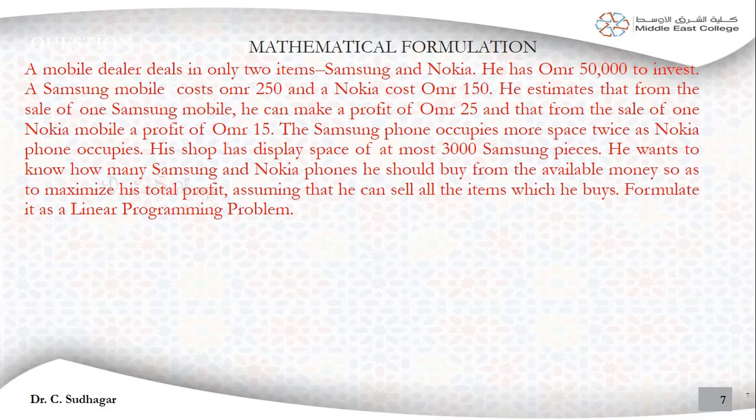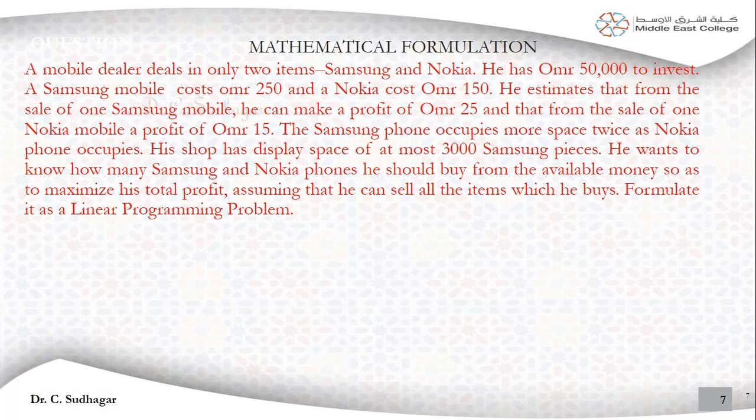So what are the things available? He has 50,000 reals totally to invest. He is going to sell 2 mobiles, Samsung and Nokia. He has to buy them from the company, 250 real for one Samsung mobile and 150 real for one Nokia mobile. When he sells a Samsung mobile to a customer, he gets a profit of 25 real, and when he sells a Nokia mobile, he gets a profit of 15 real.